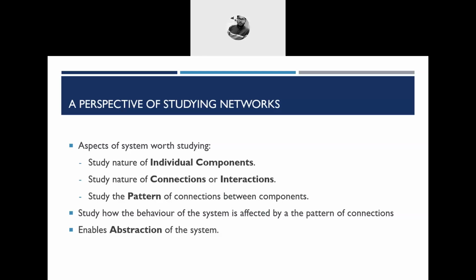So we can understand such nature. We can abstract out the nature of the graph or network by studying those behaviors. Yeah, so these are the main methods by which we can study any kind of network.